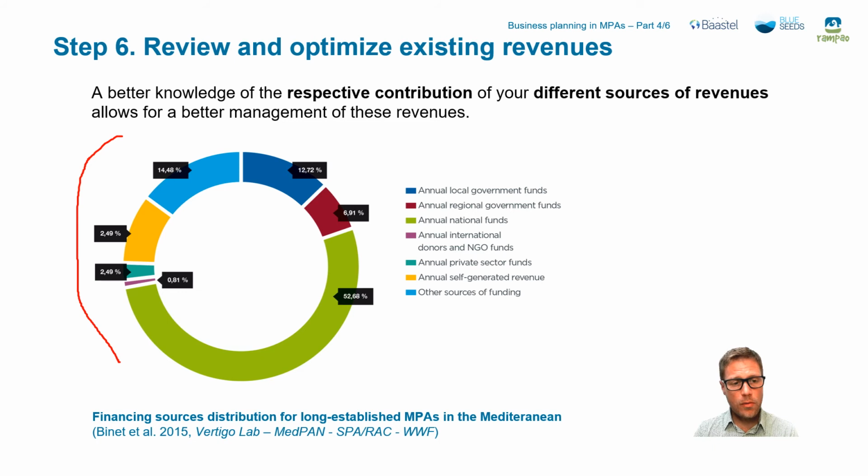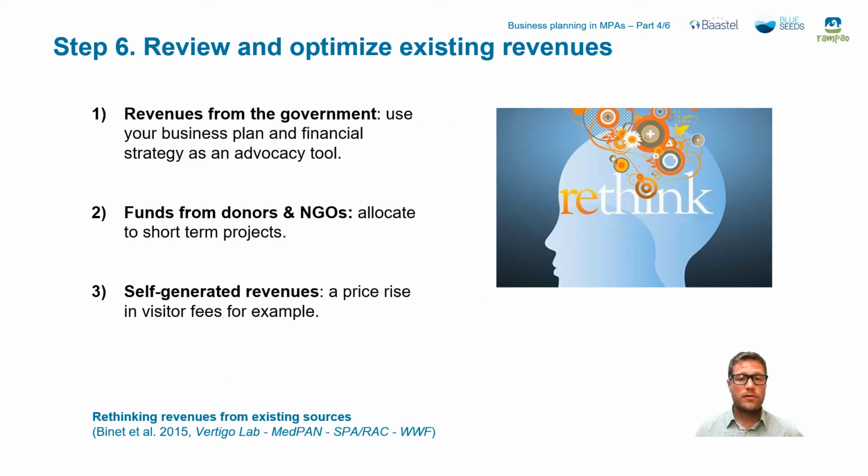So by reviewing those different contributions, you're able to have a good estimate of which type of revenue, governmental, private, self-generated, NGO, or donor, is contributing the most to your revenue budget. Now that you've identified your different revenues, it's time to rethink them. Can I increase these revenues, and how? Let's take a few examples.